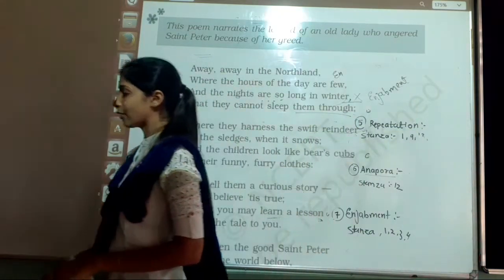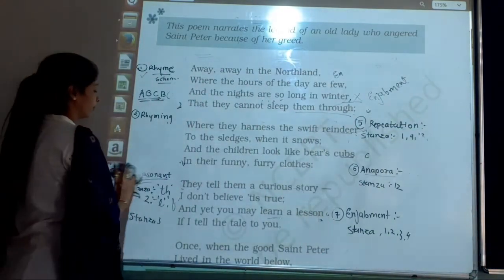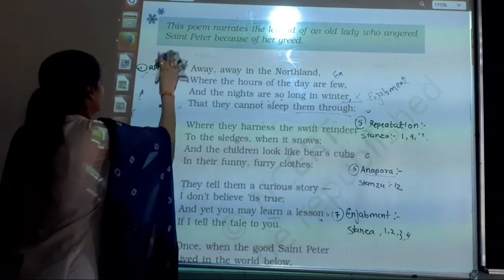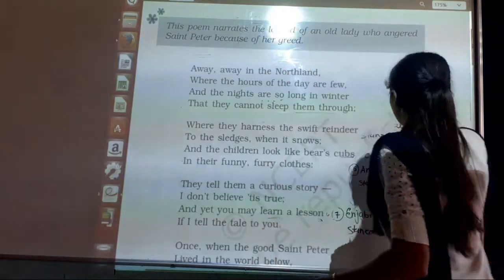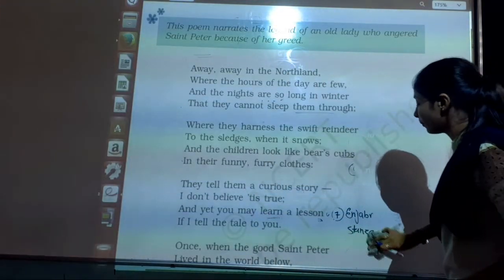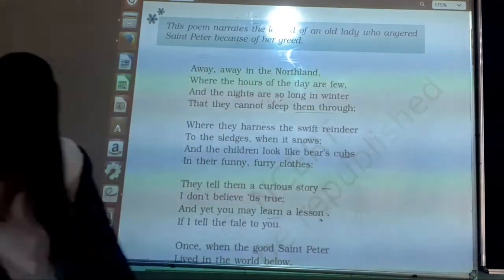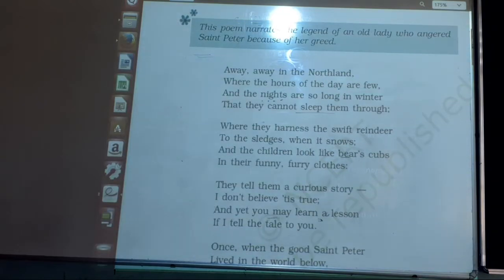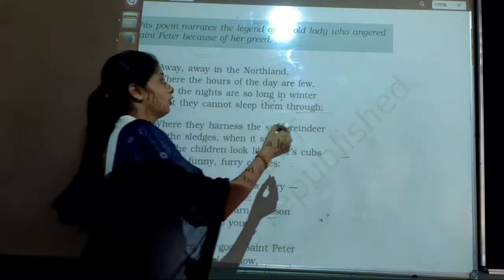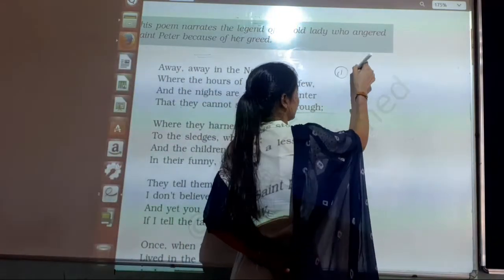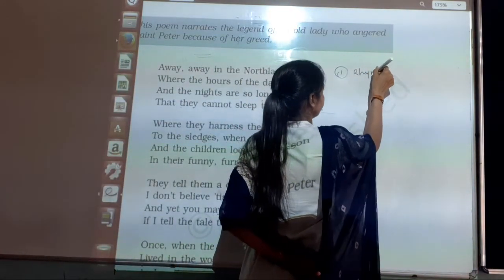So students, we have completed here the poetic devices of the poem. You will write these whole poetic devices point-wise. So students, I am giving you the list of what we have just explained. First point, you will write the rhyme scheme.